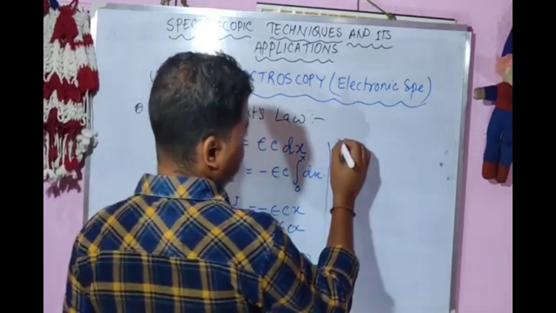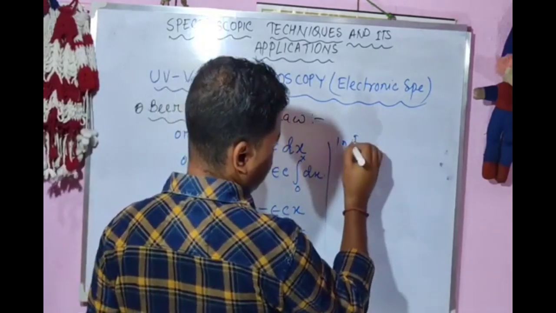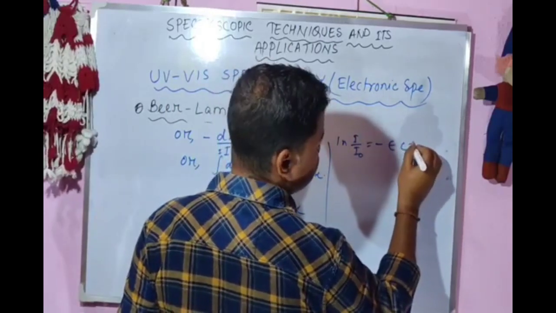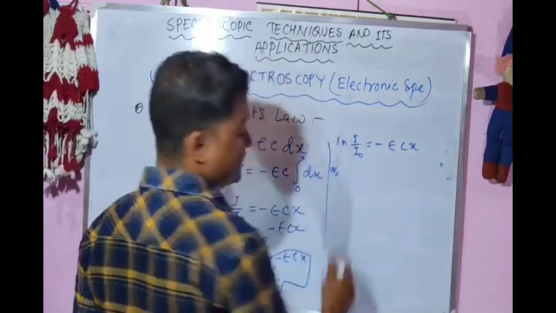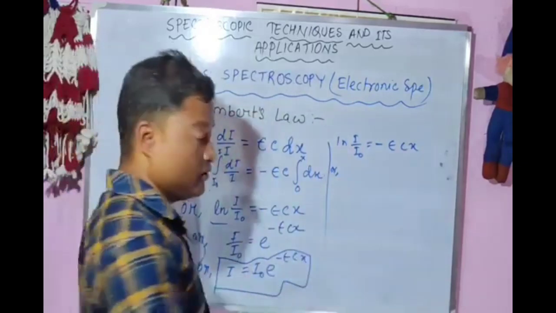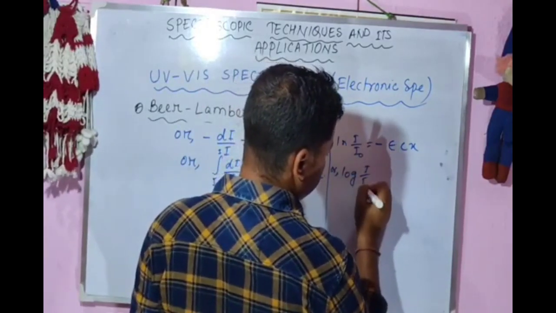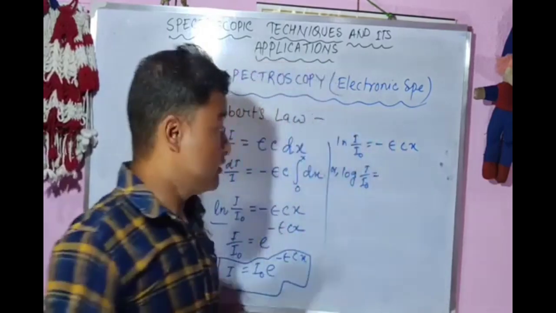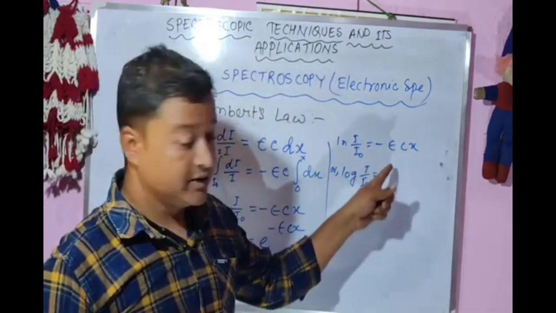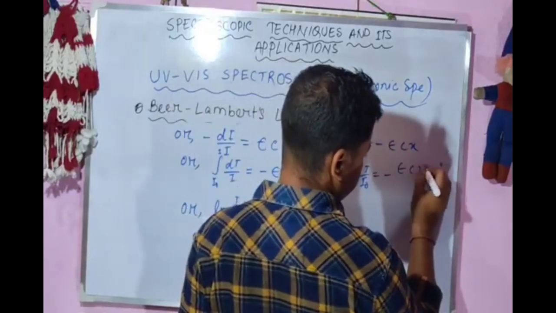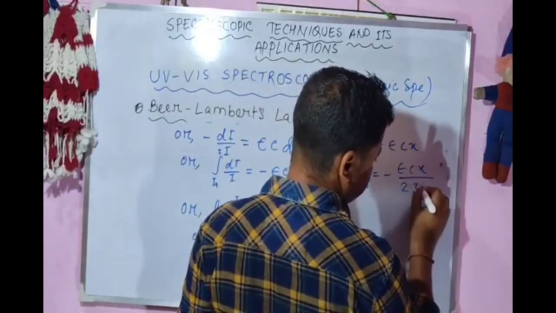From ln I by I0 equal to minus epsilon Cx, we get log I by I0 equal to minus epsilon Cx divided by 2.303.